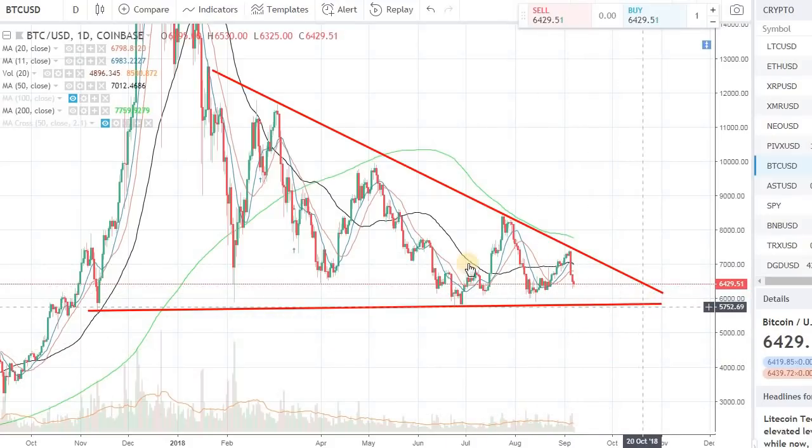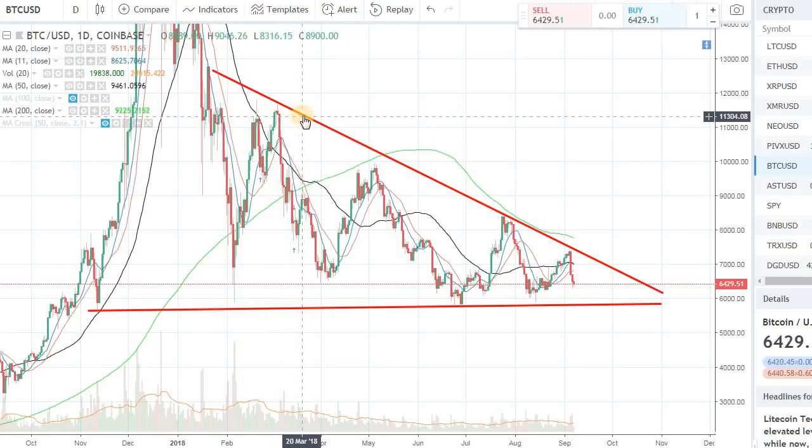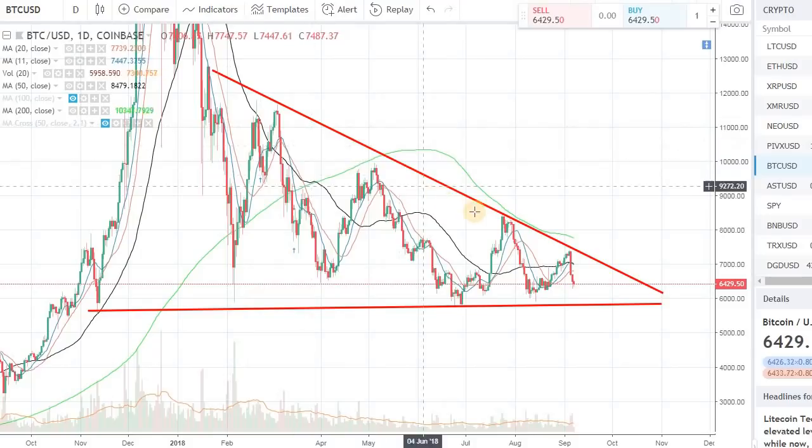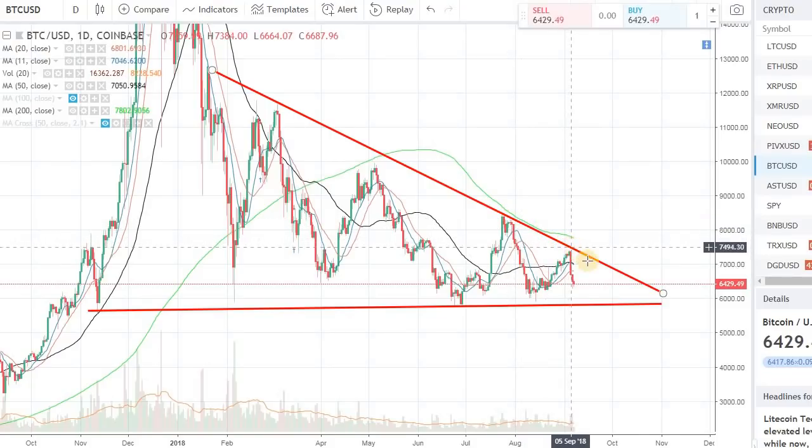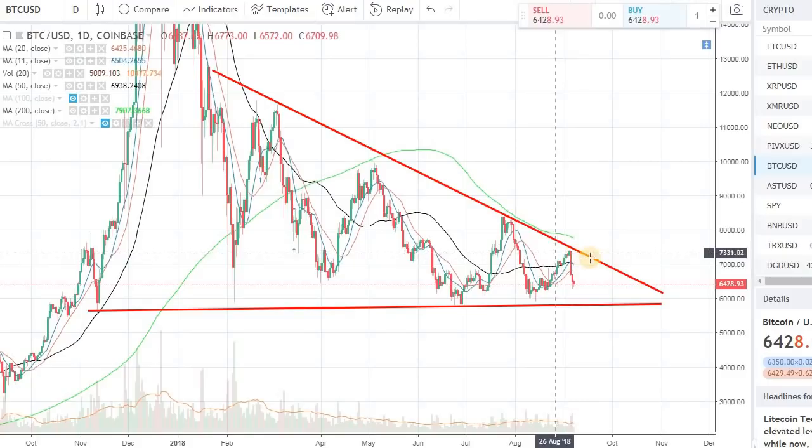Right now what we have been seeing is the resistance. We have this solid red resistance line that is providing the resistance. Previously it provided it around the beginning of July, and now it's again providing it at the beginning of September. The more it is tested, the higher the likelihood it will break that resistance.